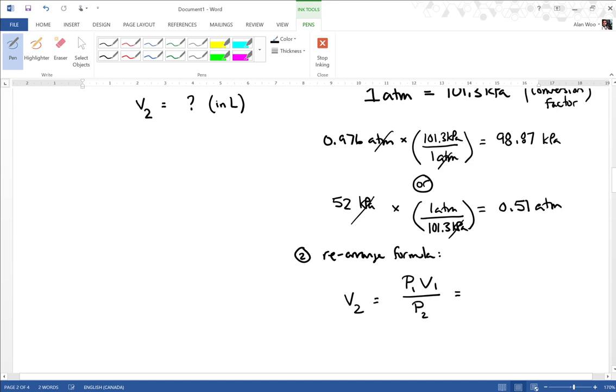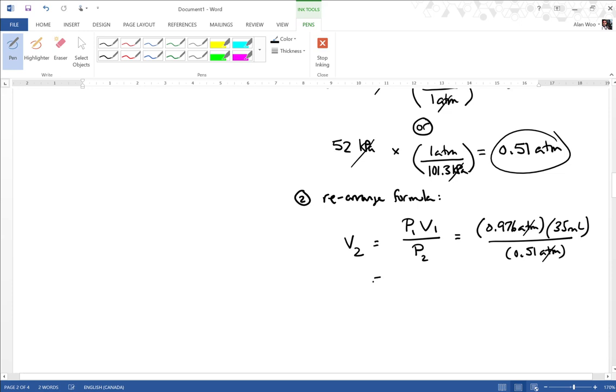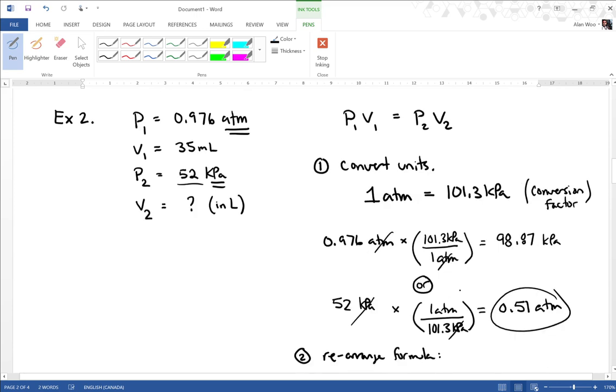That's going to equal, and again, it doesn't matter which one I use, let's use the ATM, 0.976 ATM, which is the original number that we have, times 35 milliliters, over our newly converted 0.51 ATM. When we cancel out the units of ATM, our V2 comes out to be 66.98 milliliters.